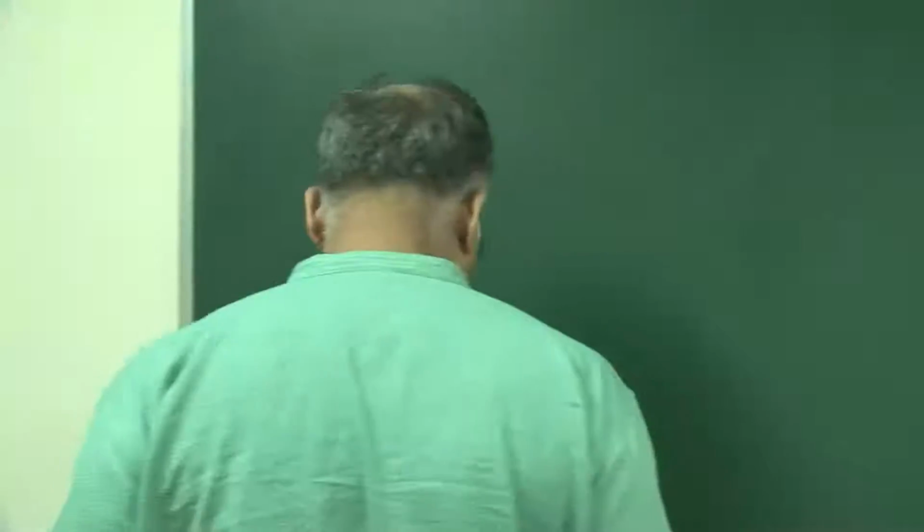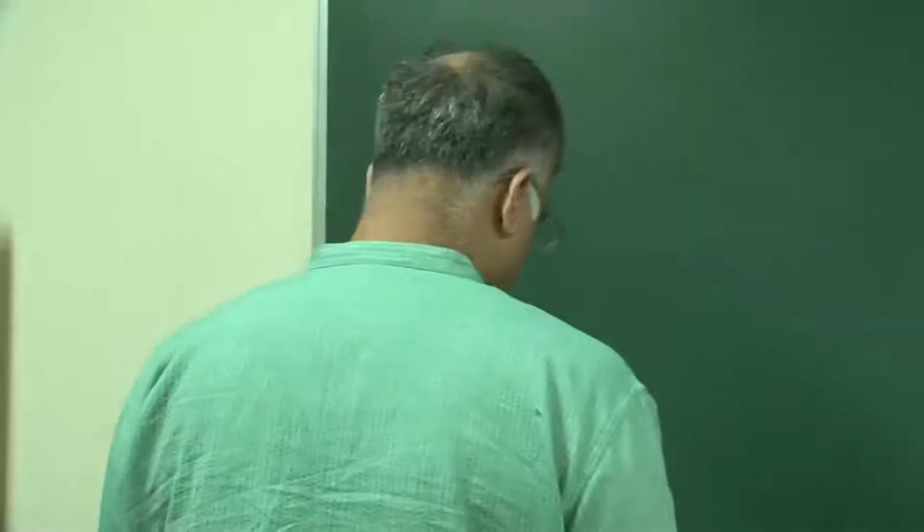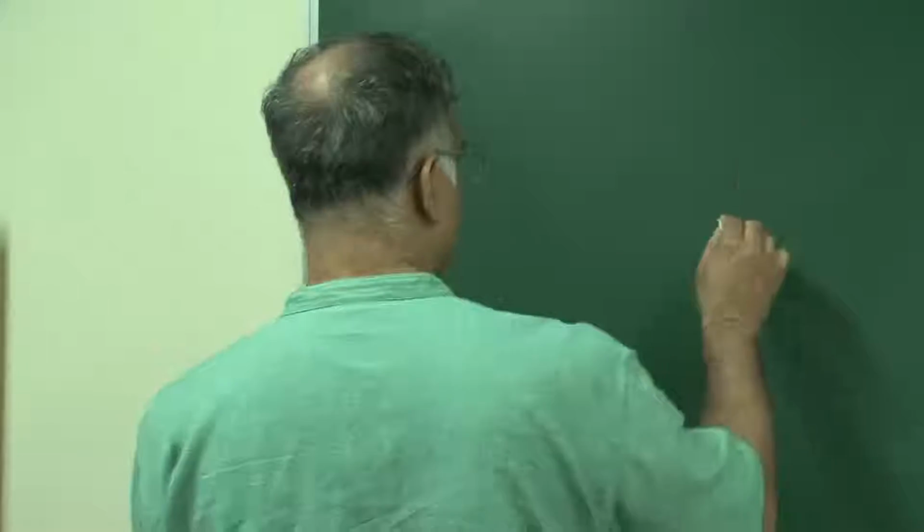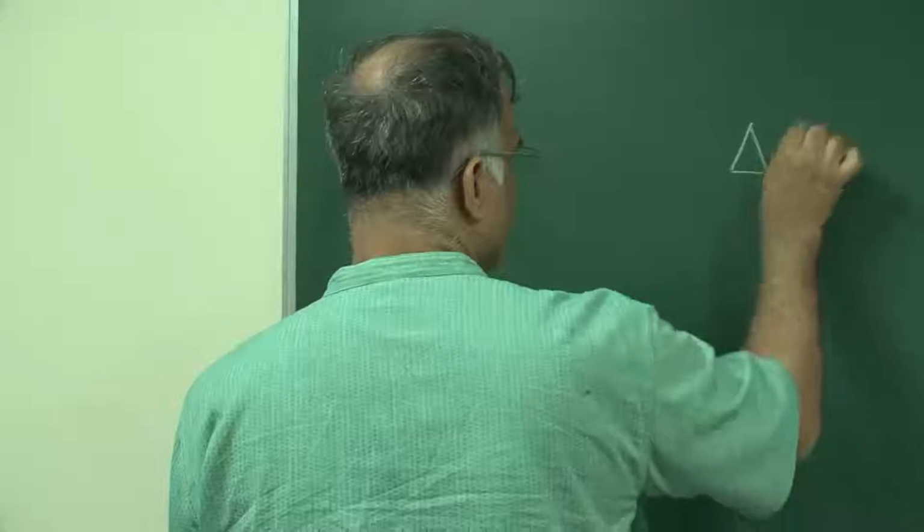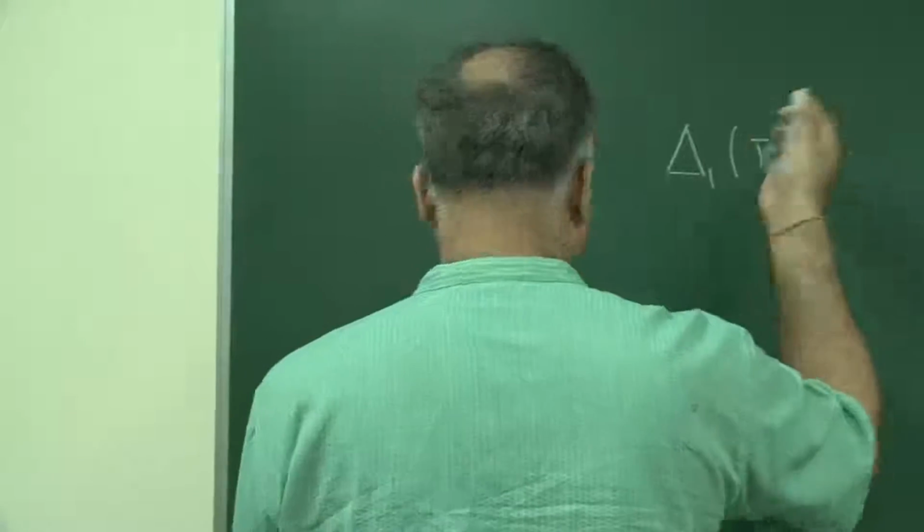I want to tell you that delta naught would be the same as what we have done earlier. V naught of course will take a different form, but let me first write down the case of delta 1 at time t. So, the delta hedging at time 1, how much stock you have to buy.